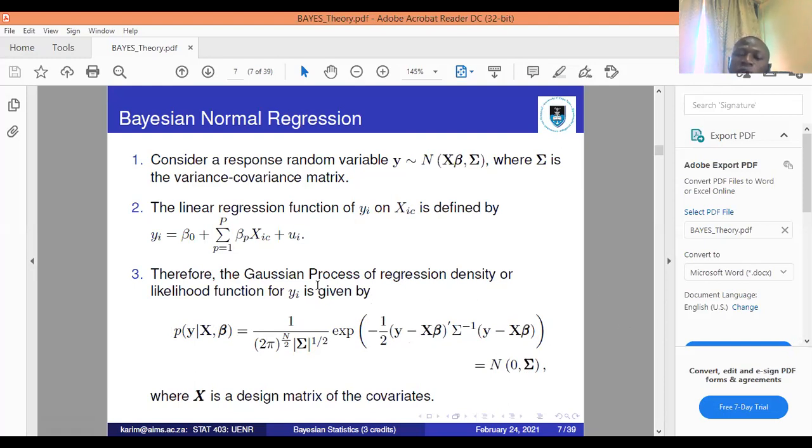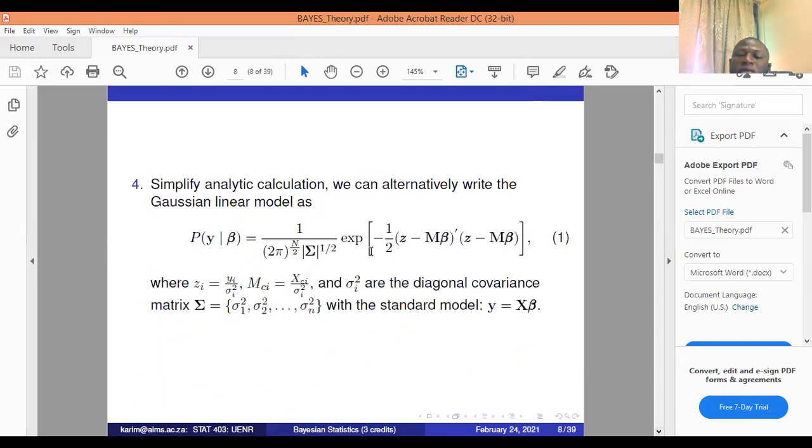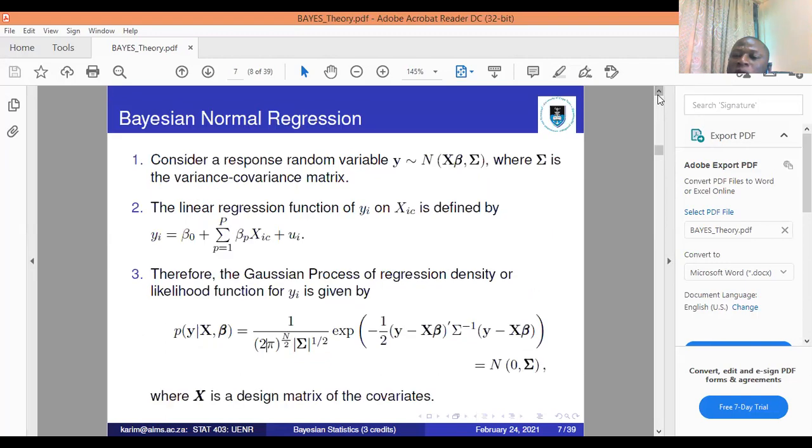But that is not what we are doing here. What we are doing here is to find the posterior distribution for the parameters. So we need to know the likelihood function and the prior distribution for these parameters, beta. Then let's move on. So here, we can simplify the model.